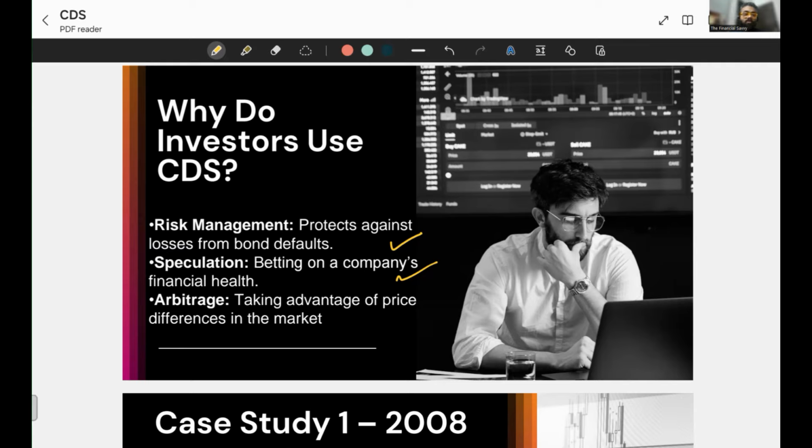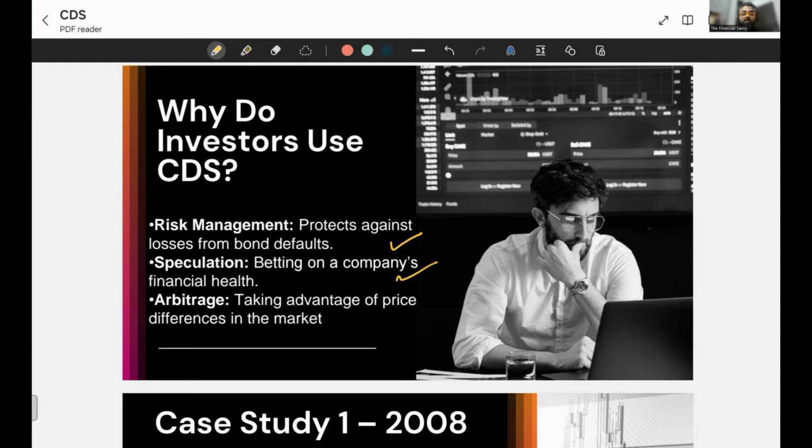So against that they take the bet. That's why they use CDS for the purpose of speculation as well. If they bet that the borrower will default in the future, the price of the CDS shoots up and they can make a profit, because earlier they bought the CDS at very low prices.